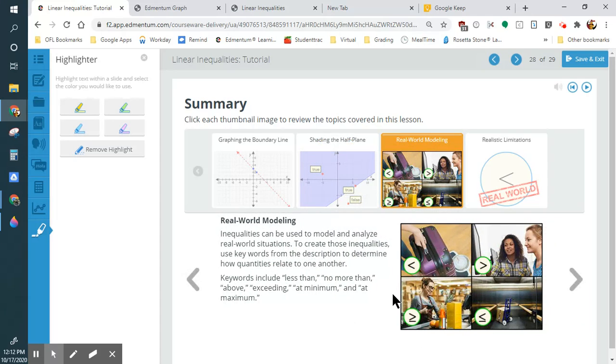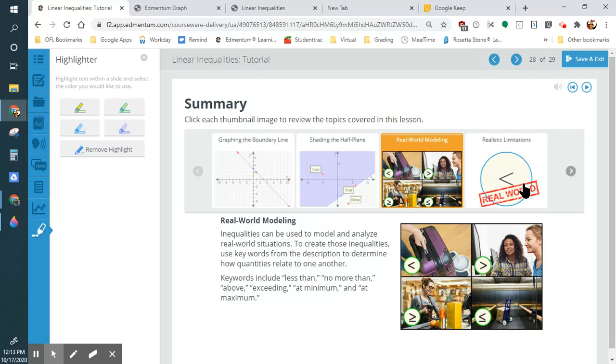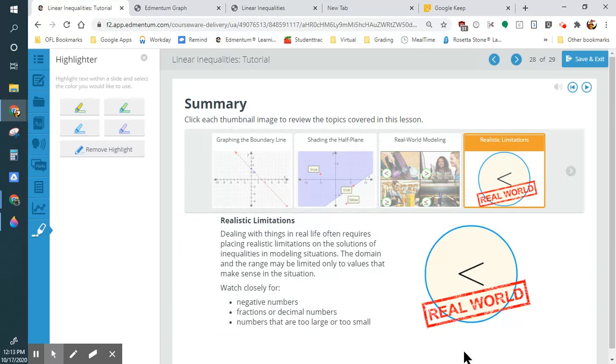Remember our model: if it's a budget, we can't spend more than that. If there's a weight limitation, there can't be more than that. Oh, they're talking about the keywords, so study your keywords for the test. And for realistic limitations, just remember you can't really do negative numbers, you can't do fractions or decimals, and numbers that are too big or small. I'm guessing that's just if it goes in the line or not.